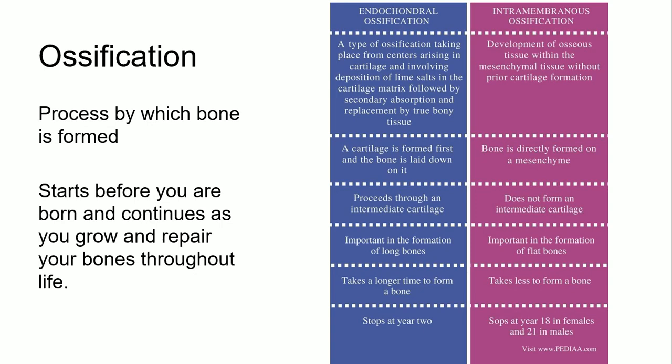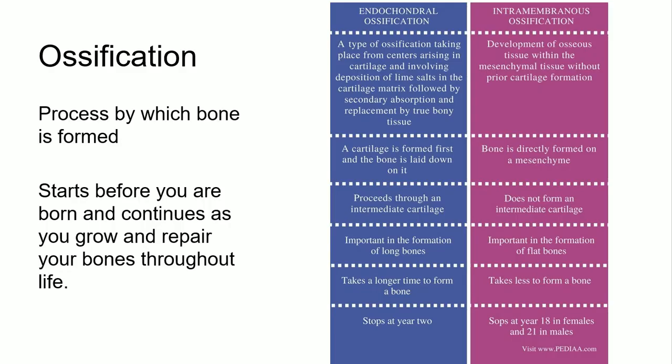Whereas endochondral is constant growth that first starts as cartilage, then bone is laid on top. And it's going to take longer to form that bone, and it's going to stop at 2 years old.